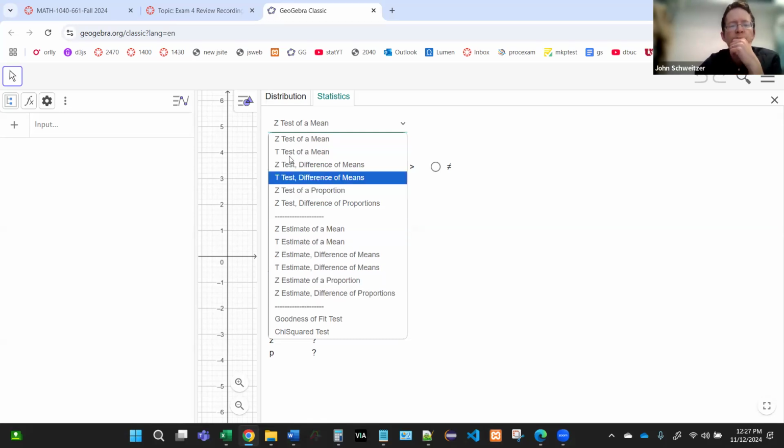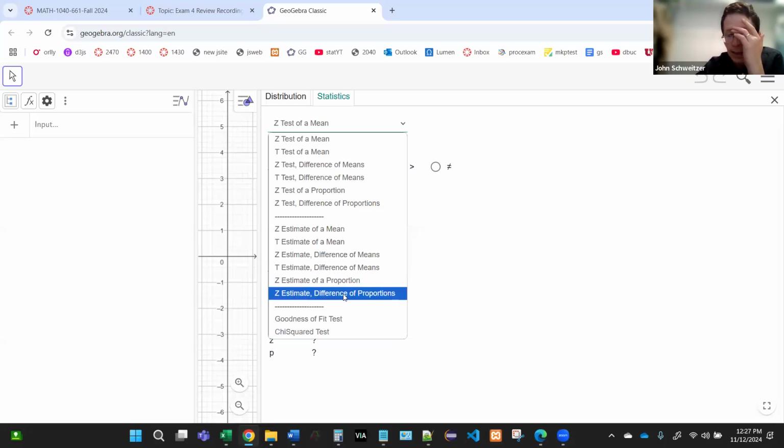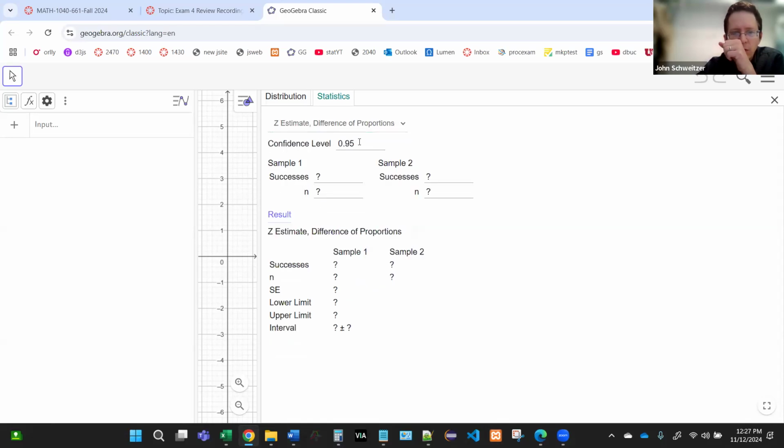So we're not doing a test; we're doing an estimate down here. As we discussed, we're looking at proportions because these are both categorical variables, so it's not going to be any of these means. Now we're down to z-estimate of a proportion, which was chapter 3, and z-estimate difference of proportions. Well, we're looking at a difference between two populations, so it's a z-estimate difference of proportions.